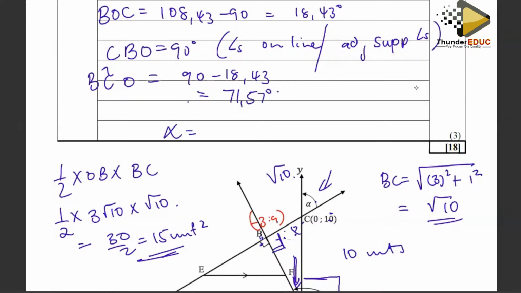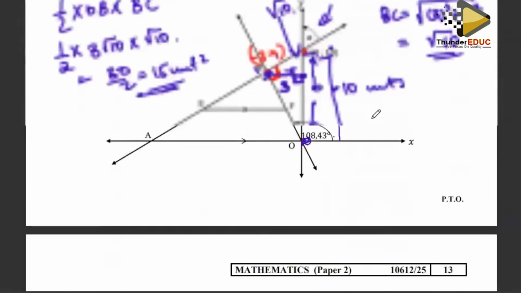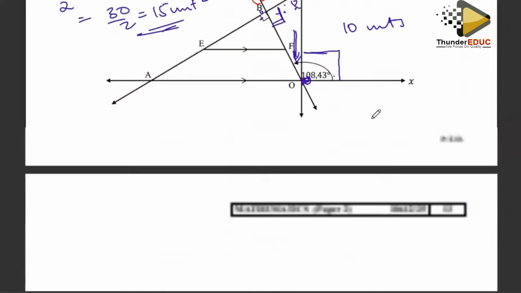And then we're going to say alpha is 71,57 because they are vertically opposite. So that is how I would have worked that out. Or if you have any other alternative of how to do that, we would gladly appreciate it. But that is how I would have taken it. Then that is the end of question number 3.